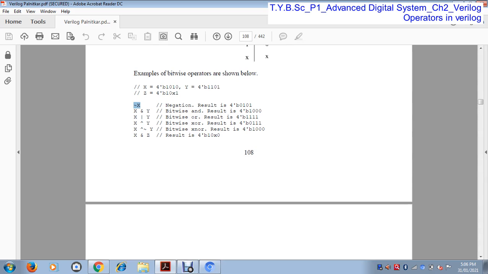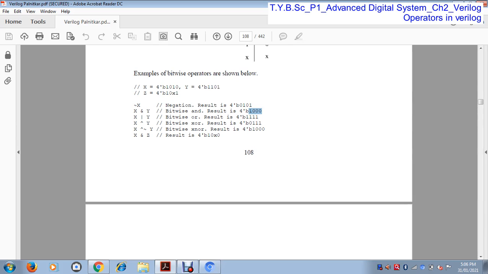So the result is 1000. Once again I repeat: 1 and 1 is 1, 0 and 1 is 0, 1 and 0 is 0, 0 and 1 is 0. In this way the bitwise operation is performed.